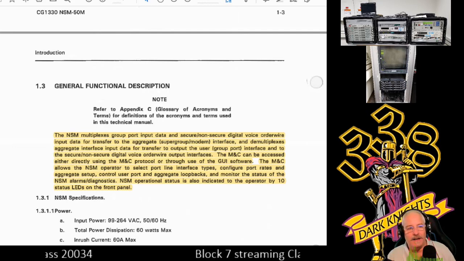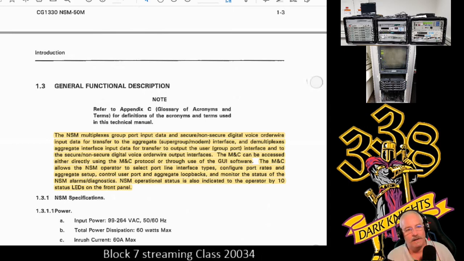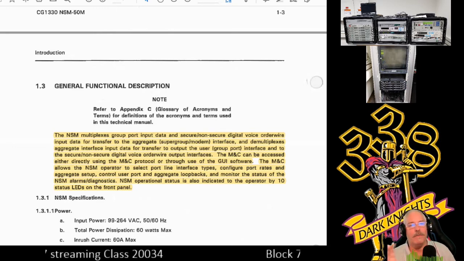About halfway down the paragraph, you'll see it says M and C, Mike, and the little at symbol. I call it an at symbol, but it's not. I can't remember the name.